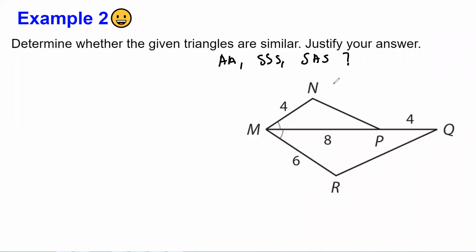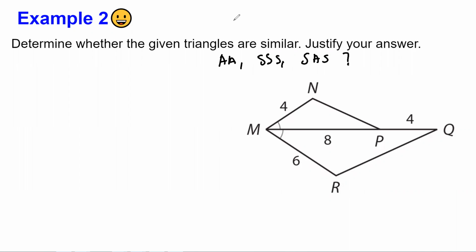Side, angle, side. Why not side, side, side? There's an angle involved, okay? And we're also missing some more information. So we have a side, we have an angle, we have another side, we have a side, another angle, and another side. Okay, perfect. Everybody has this?